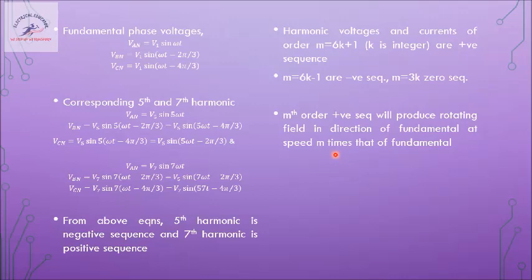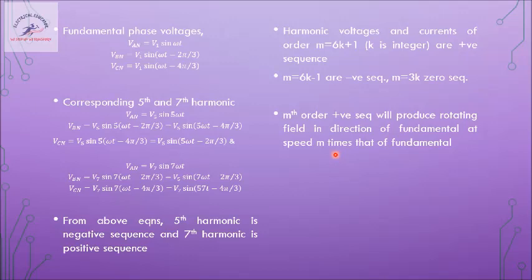So if the synchronous speed of the motor is 1500 rpm, then the fundamental rotating magnetic field will rotate at 1500 rpm, and the field produced by the seventh harmonic will rotate in the same direction at a speed of 7 into 1500 rpm.